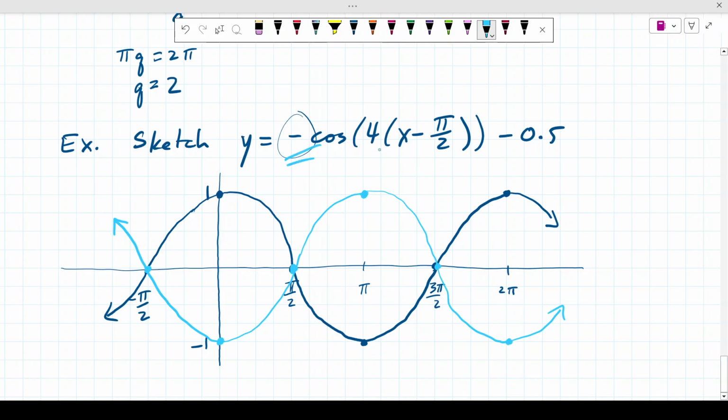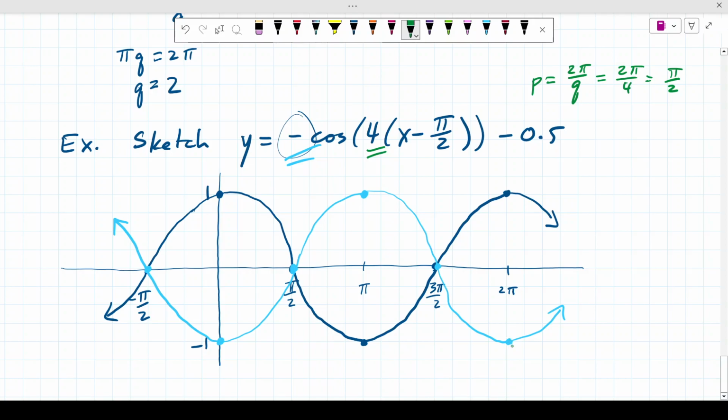What's the effect of Q? And remember, we're going with the multiplicative effects first, always, and then the shifts. That's really important. So, what is the effect of Q? Well, my period is 2 pi over Q. So in this case, it's 2 pi over 4, so it's pi over 2, just like the previous example, actually.